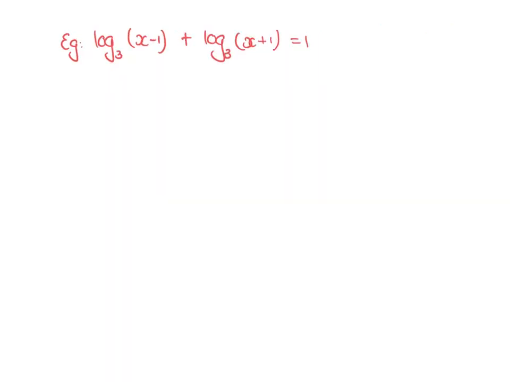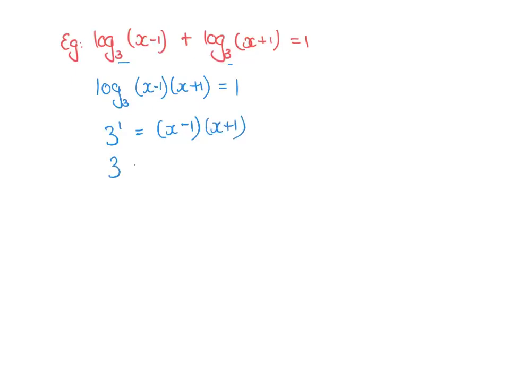Okay, with this one, when we're adding logs of the same base, we know we can multiply them. So I could say log 3 of x minus 1 times x plus 1 equals 1. And we could use that first law where we could say 3 to the power of 1 equals x minus 1 times x plus 1.